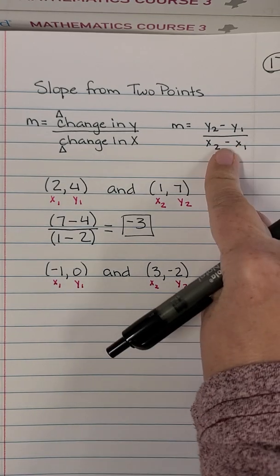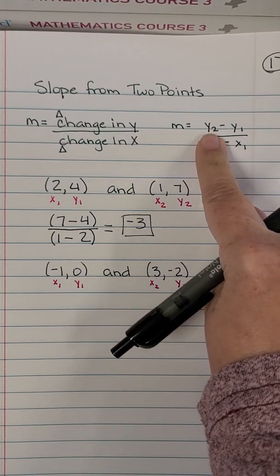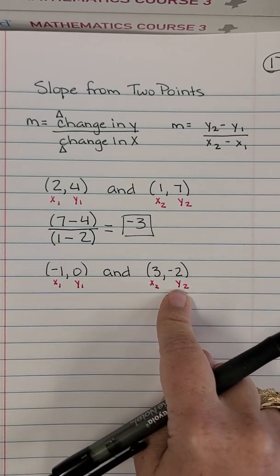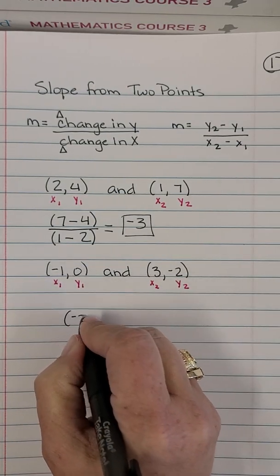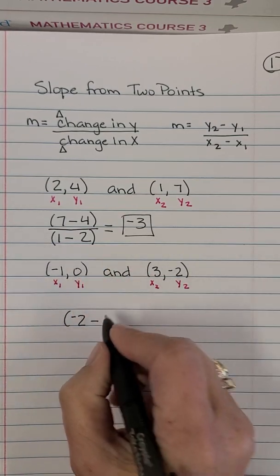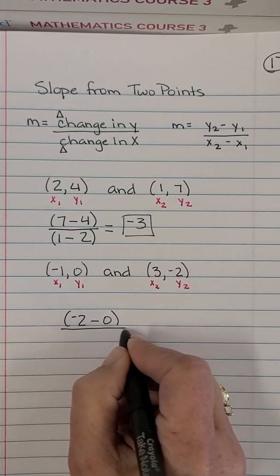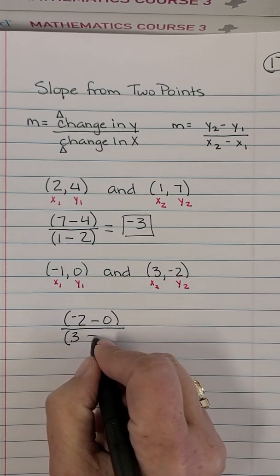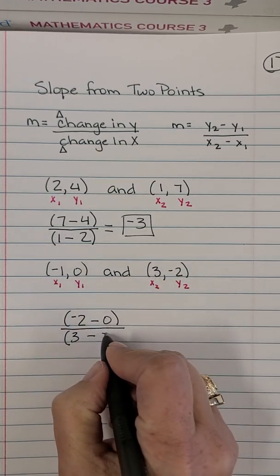And then I'm just going to go back to my formula. So it tells me to do y2 minus y1. My y2 is a negative 2, minus my y1 is 0, over x2 is 3, minus x1 is negative 1.